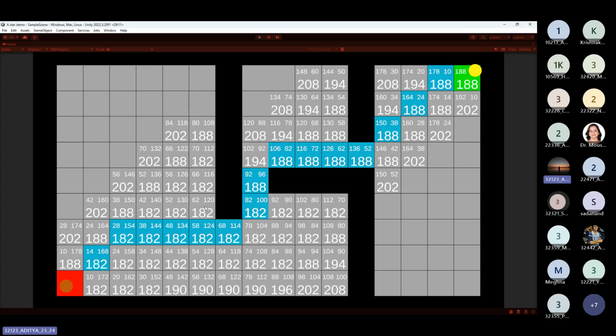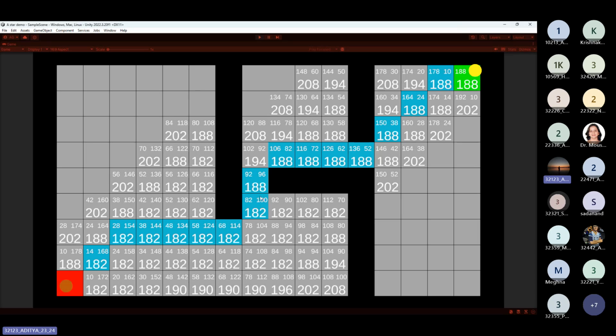The A star algorithm knows that this path is unwalkable, as it has infinite cost. So it looks for the neighbors which have lower h value, and it proceeds in that direction. Here all of them have the same f cost of 182, but this node has the h cost of 100, which is the lowest among its neighbors.